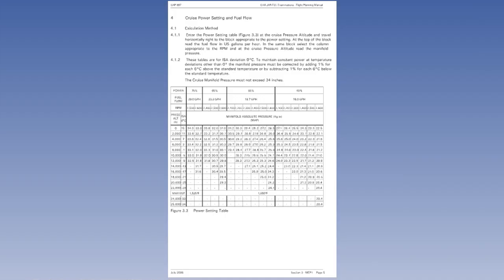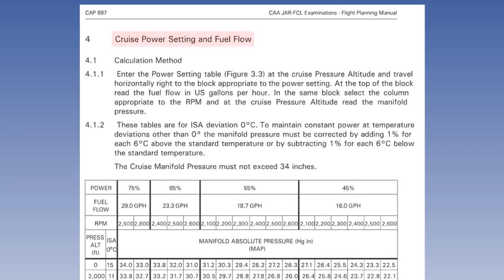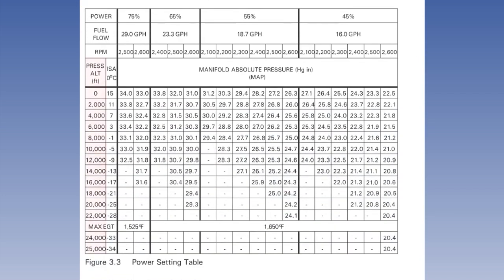Figure 3.3 is used to calculate the fuel flow in US gallons per hour and the manifold pressure for standard temperatures. Enter the table at the cruise altitude, for example, 6,000 feet. Then go right to the appropriate power setting block.